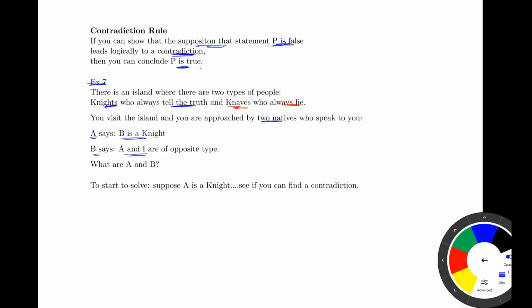You just have to suppose one thing, right? So let's suppose A is a knight. If A is a knight, he's telling the truth, so that must mean B is a knight. Okay, if B is a knight, he's always telling the truth, and B the knight says A and I are opposite types. Whoa, that's false, right? Because from what we're supposing, we've got them both the same type.